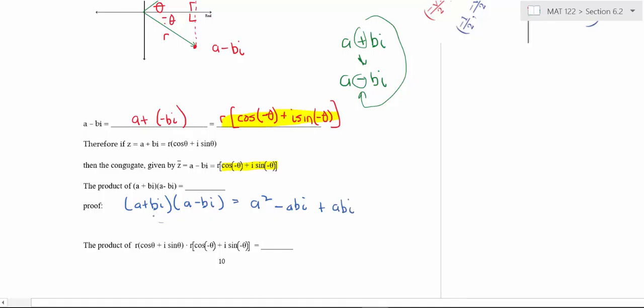And then this term, you have a positive times a negative, so that's negative b squared, i squared. Those terms subtract and cancel. Then this is a squared minus b squared, and then we know i squared is negative 1. So we end up with a squared minus negative b squared times negative 1. Hold on, I'm not doing that right.